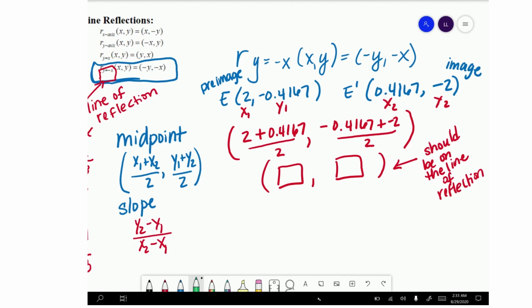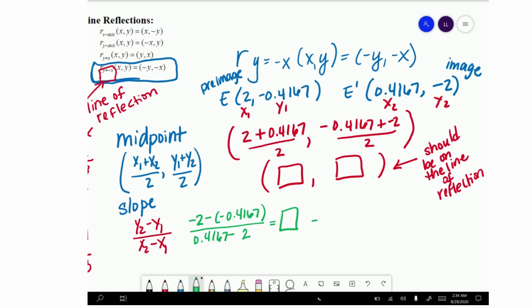All right, so let's do it. Y2 is negative 2 minus a negative 0.4167 over 0.4167 minus 2. And we're going to get that slope, okay?